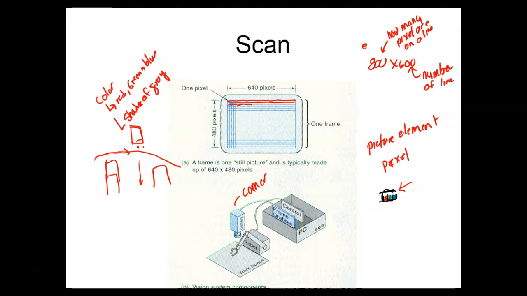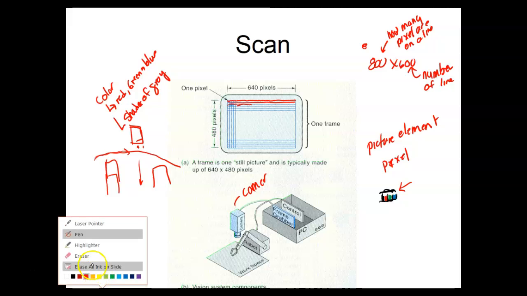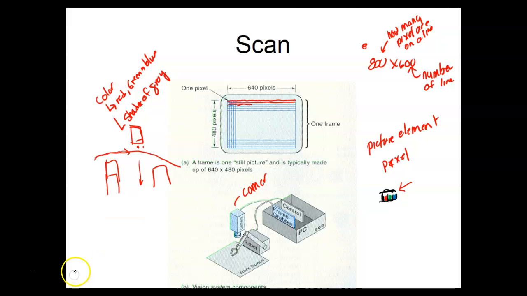So if I can set this up in a matrix where I have rows and columns, we know the pixels. We know what pixels we're scanning. So up here I'd have 640 columns, right?